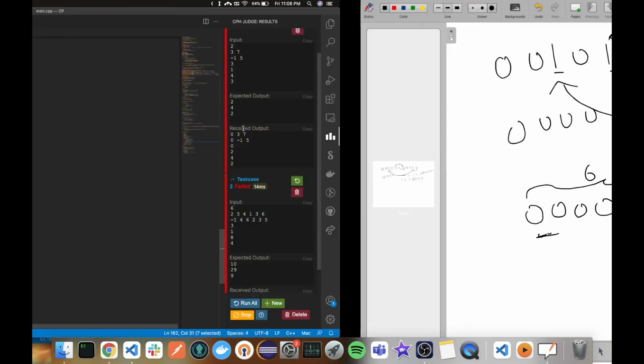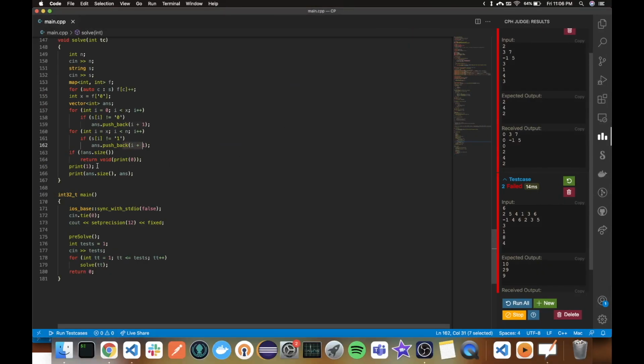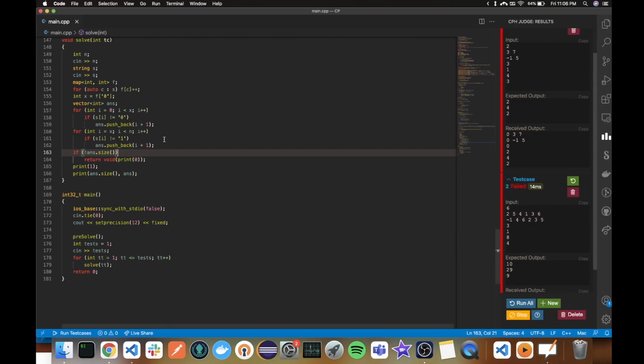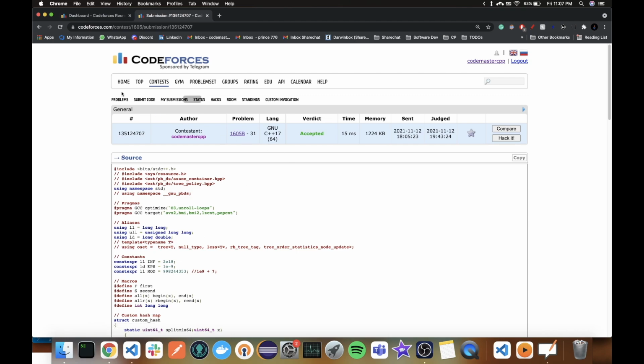And as you can notice, we can always do it in only one operation. So the number of operations will always be 1, and then we just print the size of the subsequence we are choosing and the subsequence. And if it was 0, right, then we didn't need to do it, obviously. So that's why I return with printing 0.